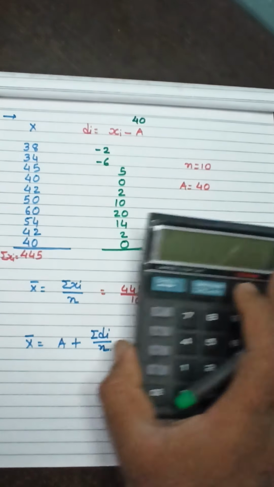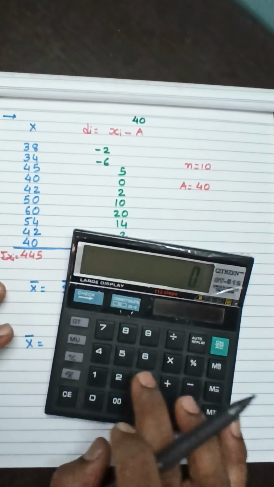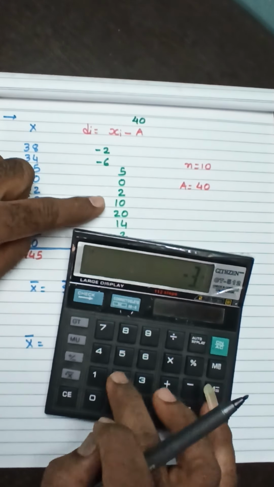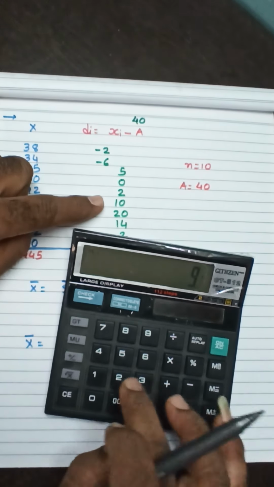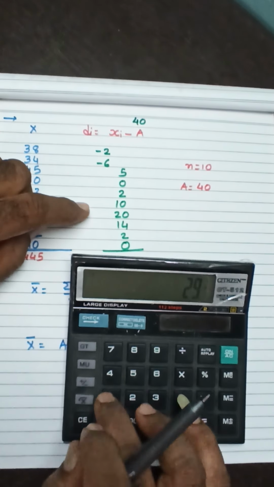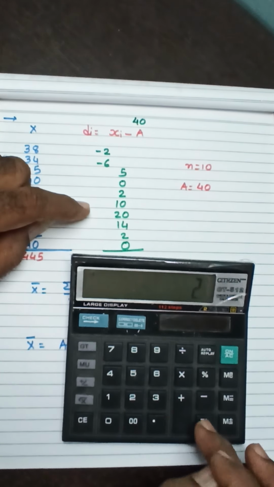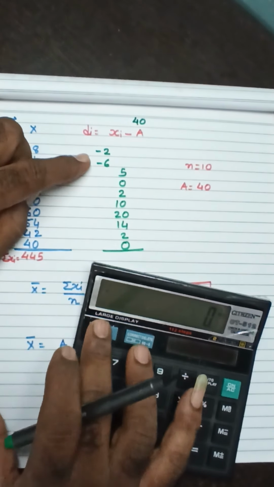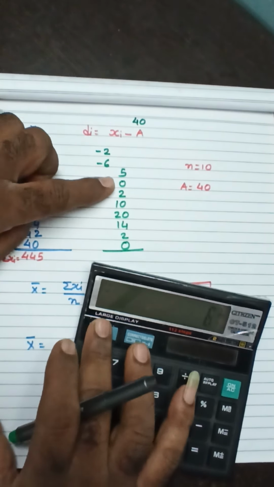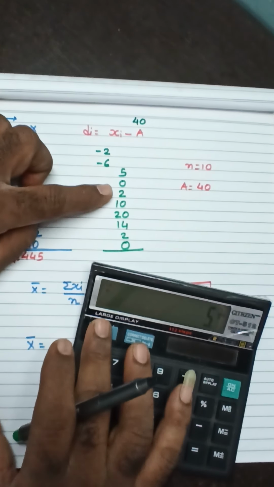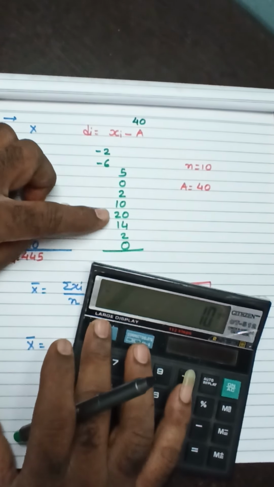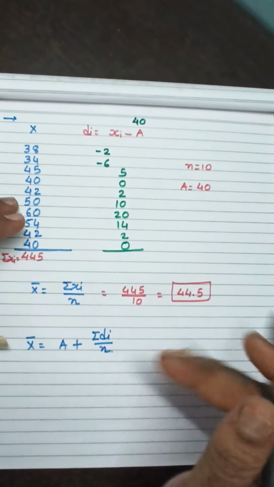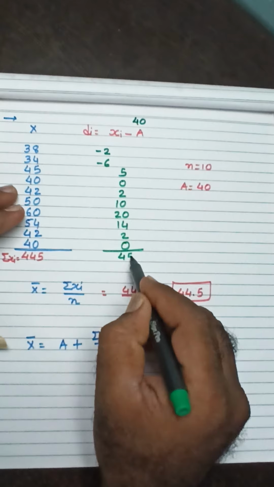Okay, there are only two negative values, minus 2, minus 6, plus 5, plus 2, plus 10, plus 20, plus 14, plus 2. The total is 45. Okay, let us check. Minus 2, minus 6, plus 5, 2, 10, 20, 14, and 2.